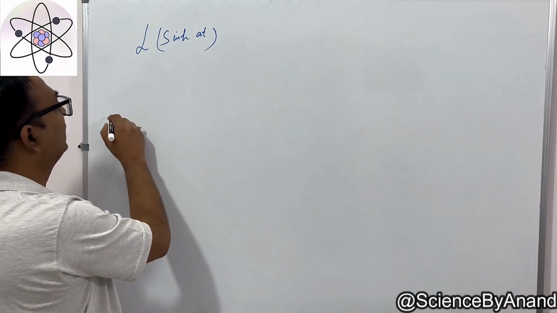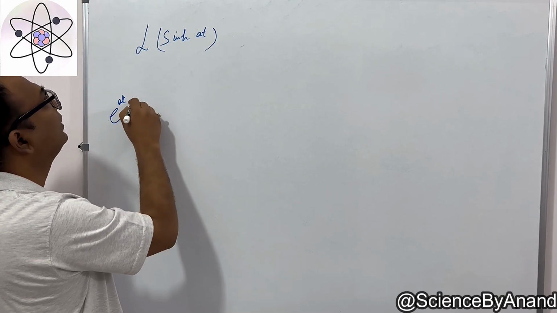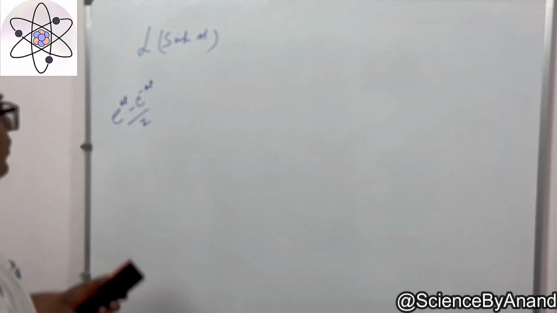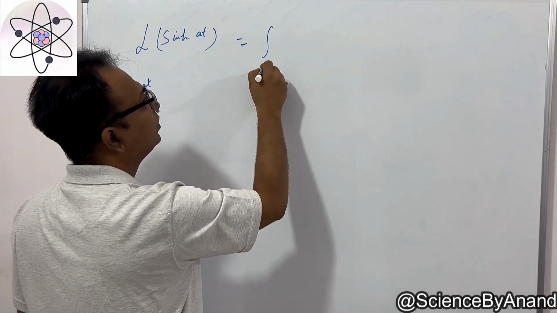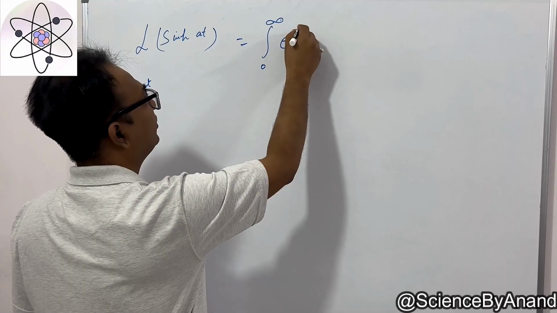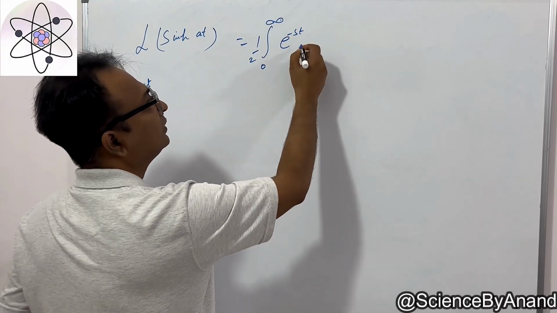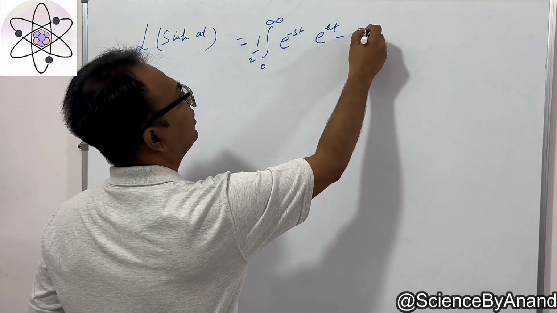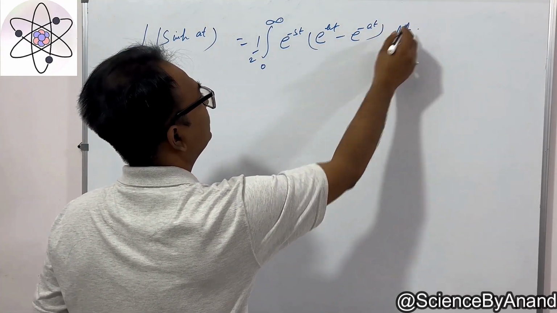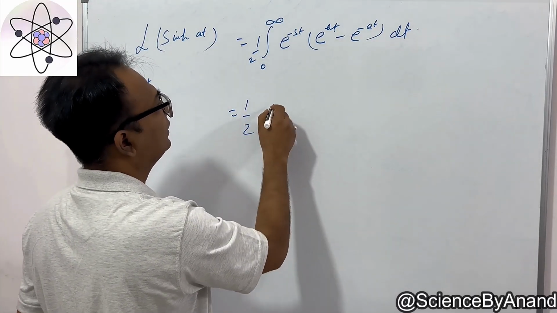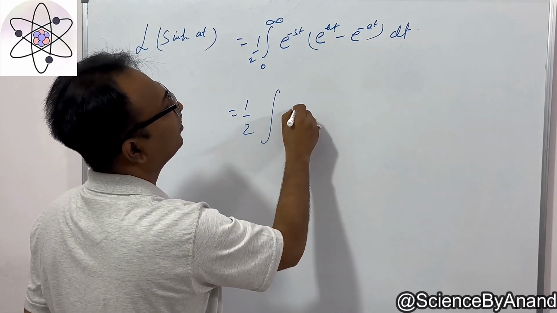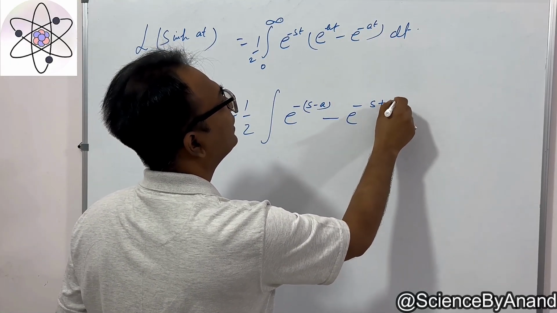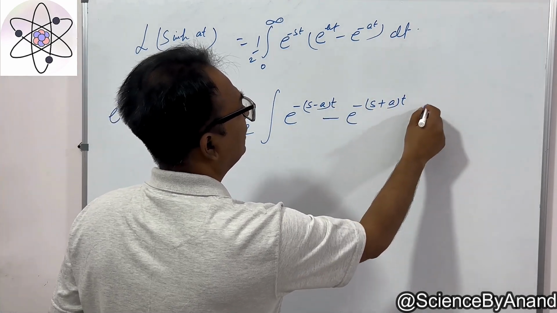What is this? First of all, this is e to the power at minus e to the power minus at by 2. That you know. So let's start with this. This is 0 to infinity, e to the power minus st, let's take half out. So this will be e to the power at minus e to the power minus at dt. This is half, e to the power minus s minus a t minus e to the power minus s plus a t dt.